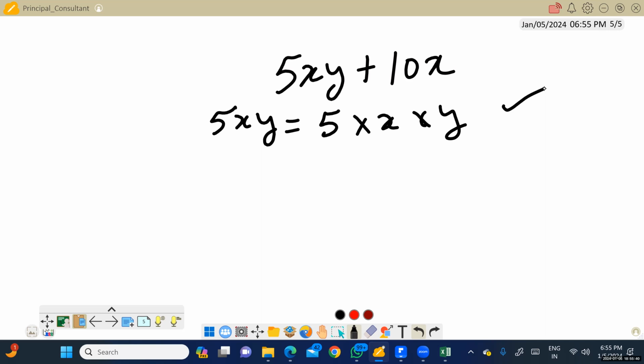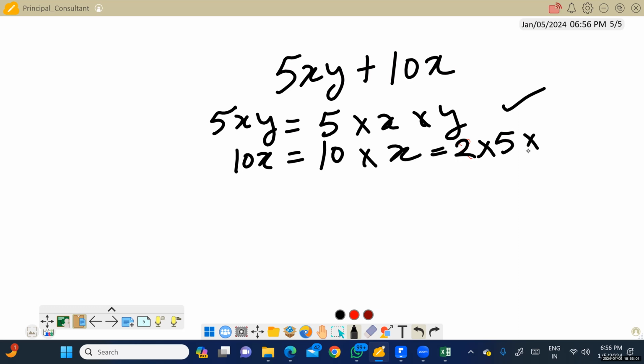Yes, sir. 10x is nothing but 10 into x, or I can say 10x is 2 into 5 into x. Utkarsh, is this clear? Yes, sir. Fine. So now I have this and I have this.